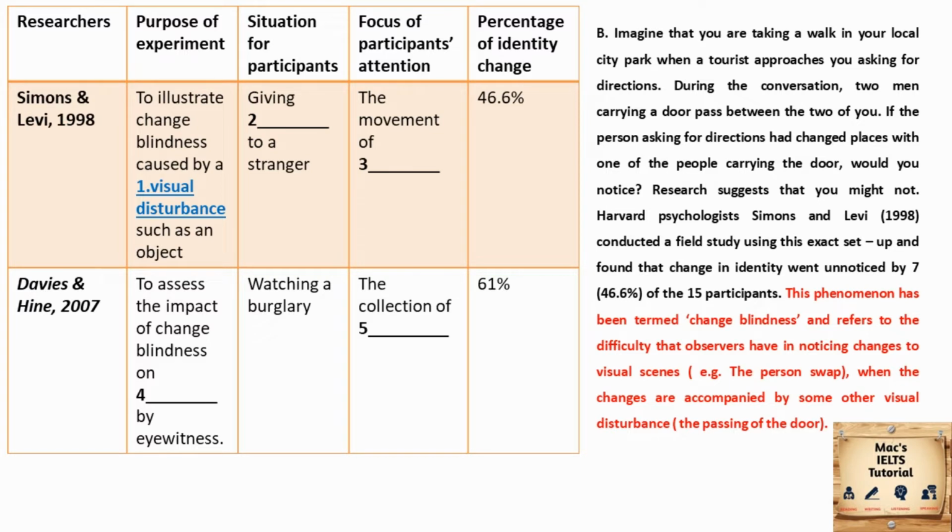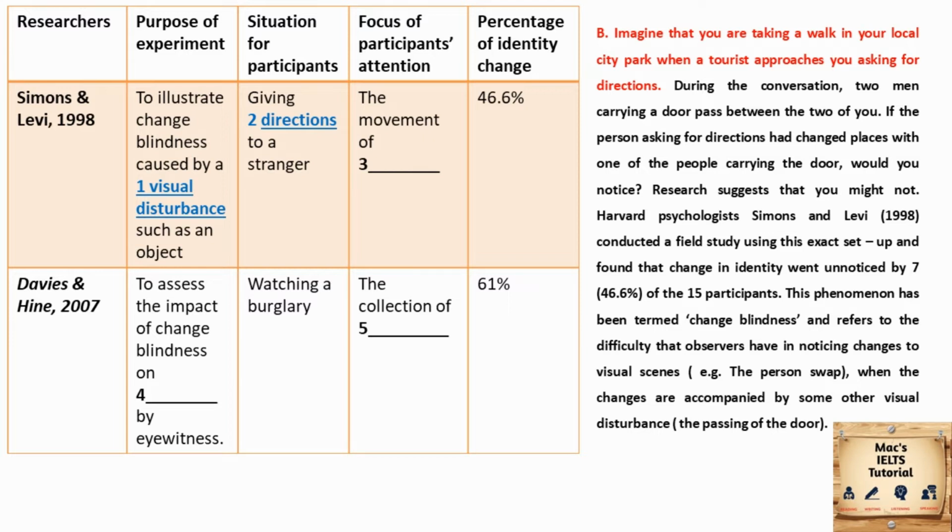The situation stated in paragraph B goes like this: imagine that you are taking a walk in your local city park when a tourist approaches you asking for directions. And the question is giving dash to a stranger. So, the answer for this question is giving directions, or just direction, to a stranger.